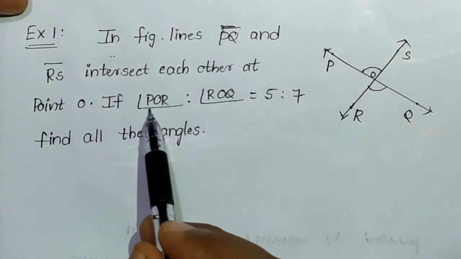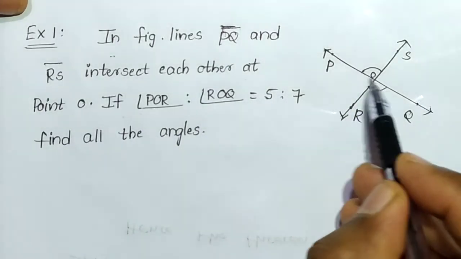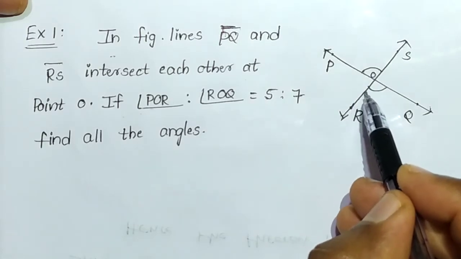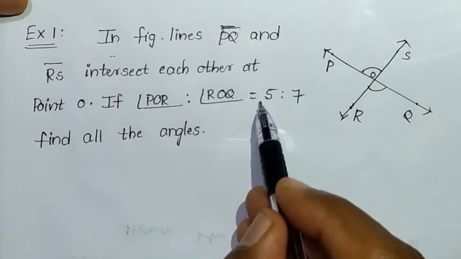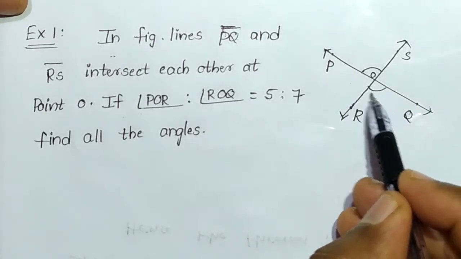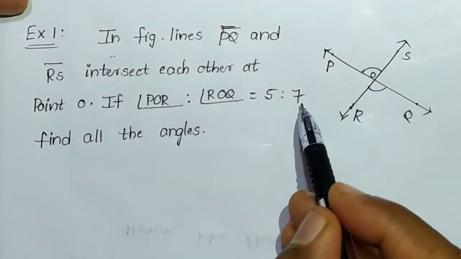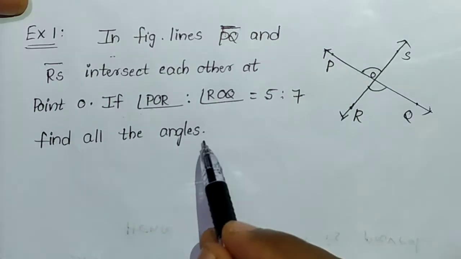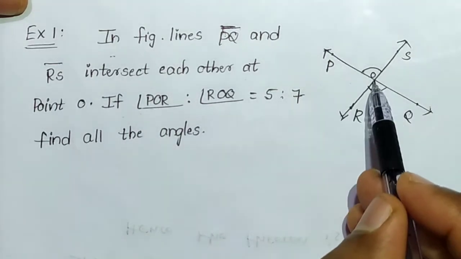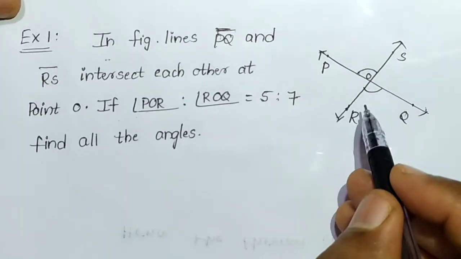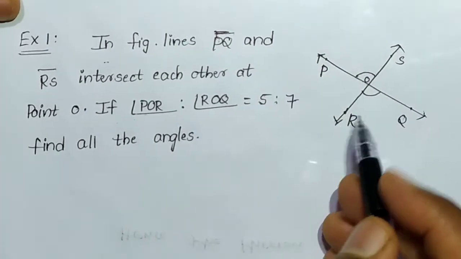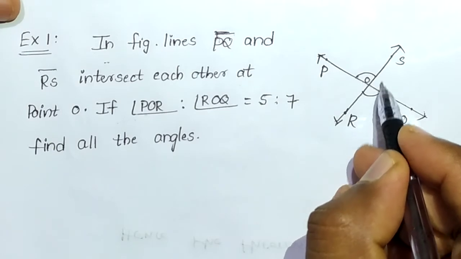If angle POR to angle ROQ is 5:7, so these two angles are in the ratio 5:7. Okay, find all angles. If two lines intersect at O, then find all angles. That is the question. So if two lines intersect at O, four angles are formed.